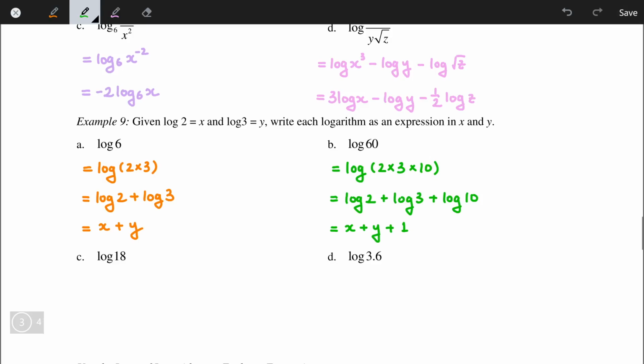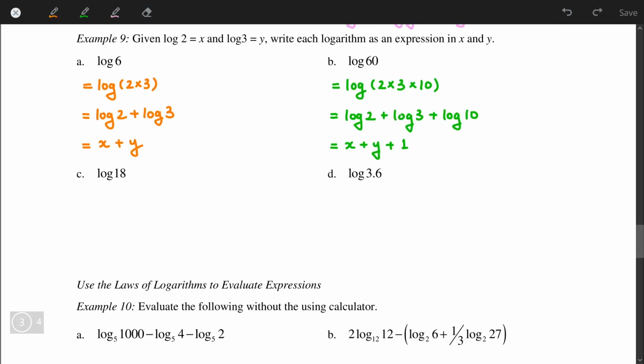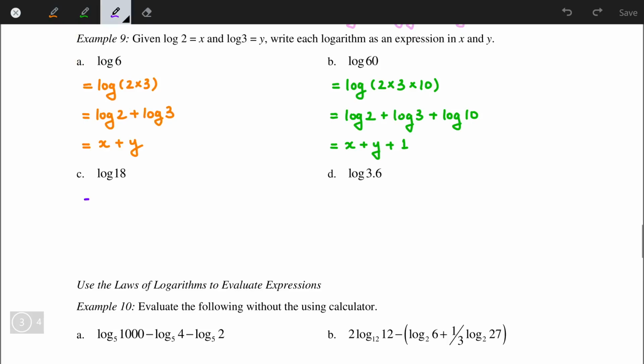All right. Let's keep moving. Next up, we have log 18. So again, same thing. We want to rewrite 18 in terms of 2's and 3's. So 18 is 2 times 3 times 3.